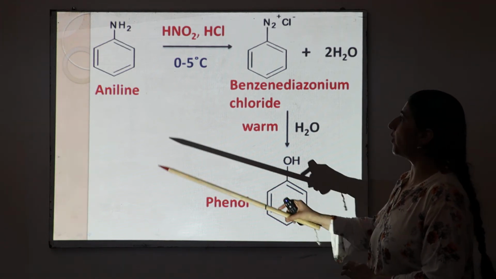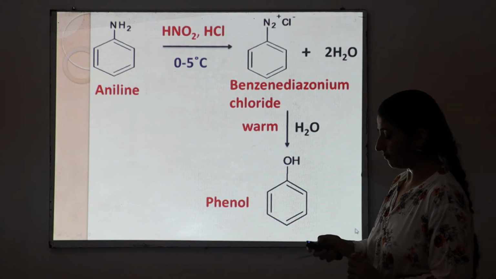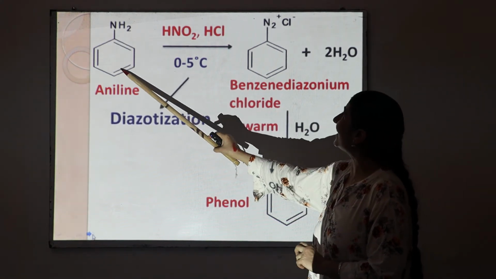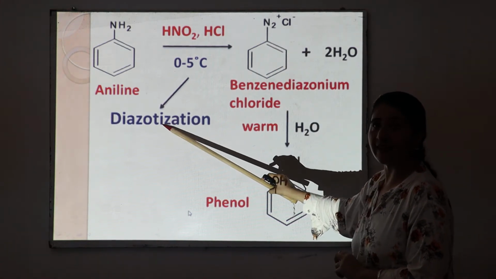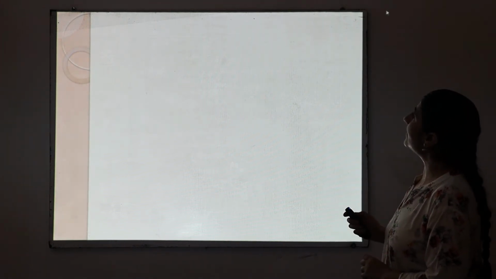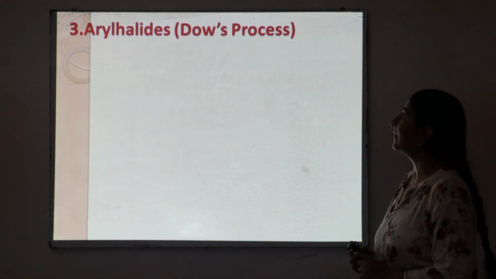So this is the method of preparation of phenol from aniline. When we convert aniline to benzene diazonium chloride, this reaction is known as diazotization.